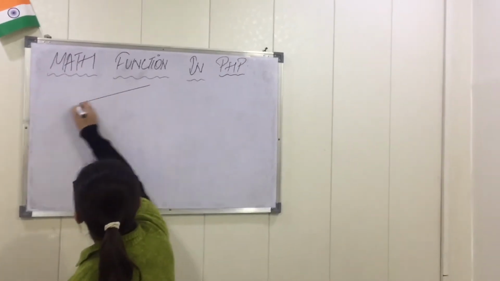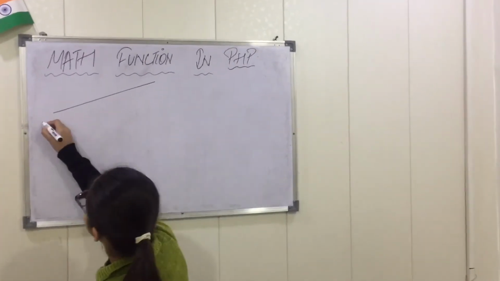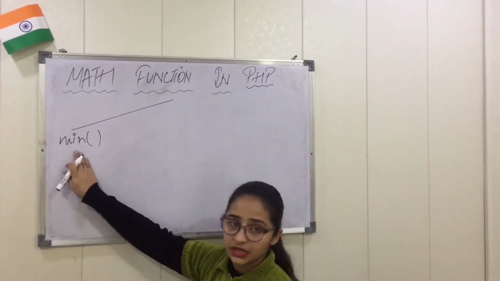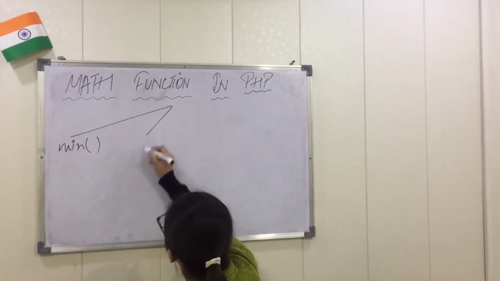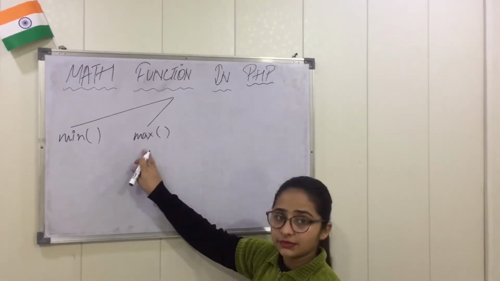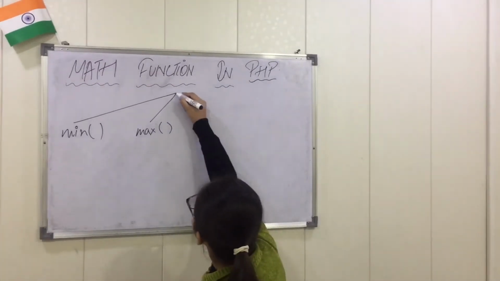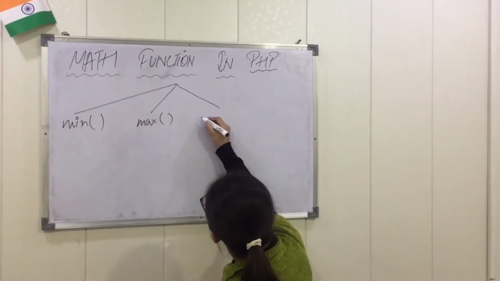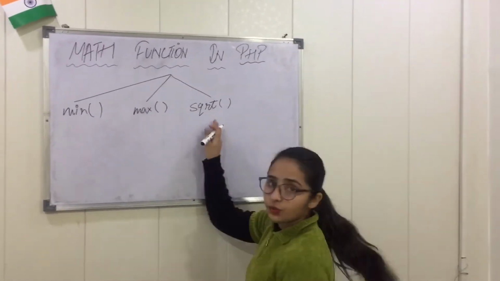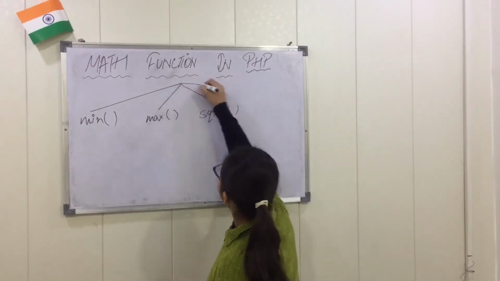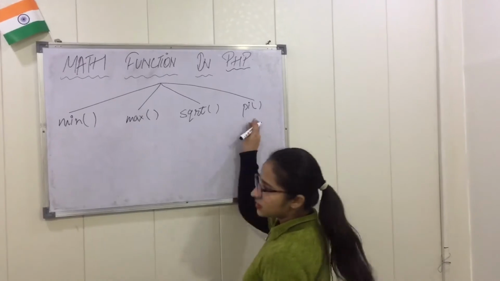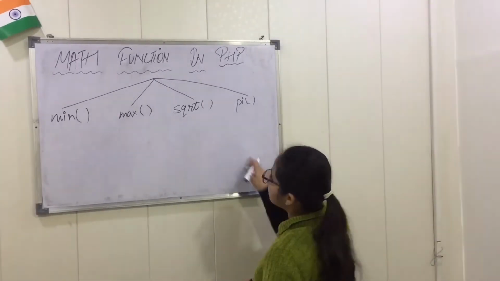Suppose, for example, first I am taking the min function, that is minimum, another max function, that is the maximum value to be printed, another one will be sqrt, that is square root, another will be pi, which is the pi value of a circle.